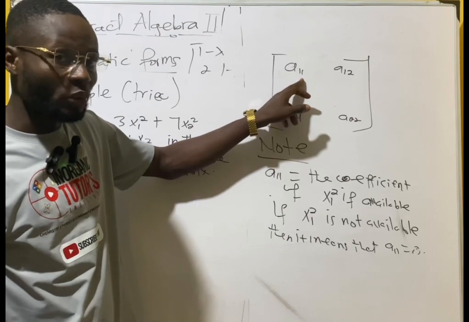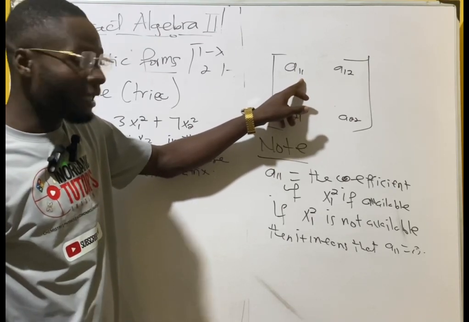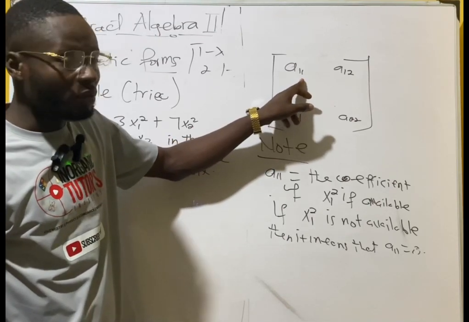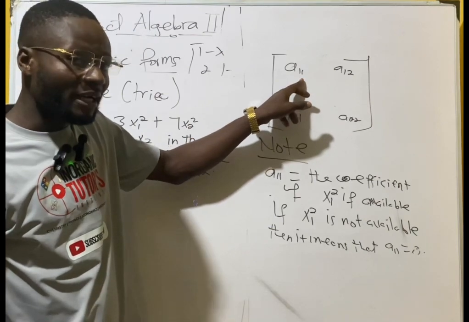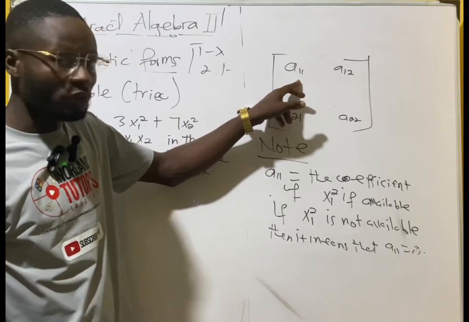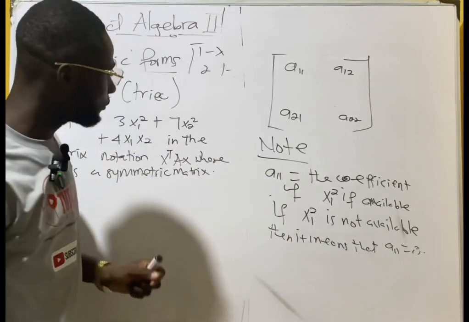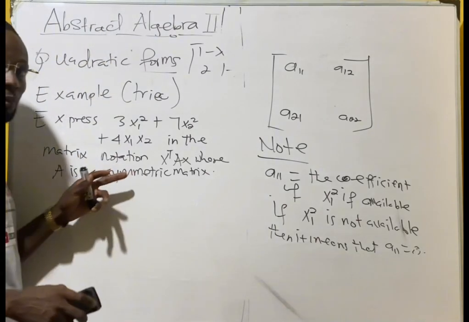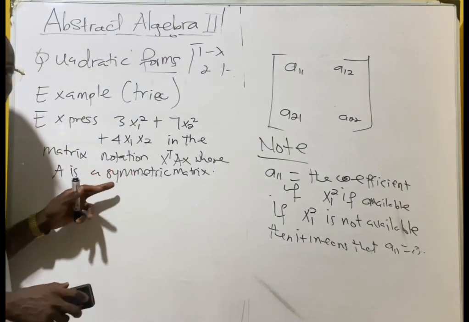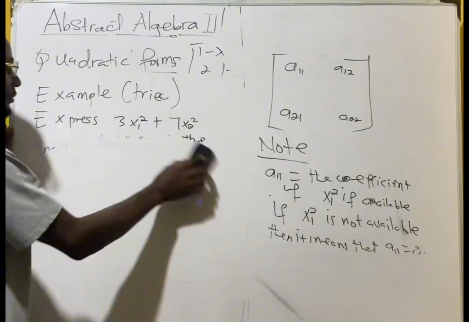If x1 squared is not available, then A11 is what? 0. But if it is available, then the coefficient becomes A11. Okay. I hope you've written your example down. Try it out. Let me continue from here.